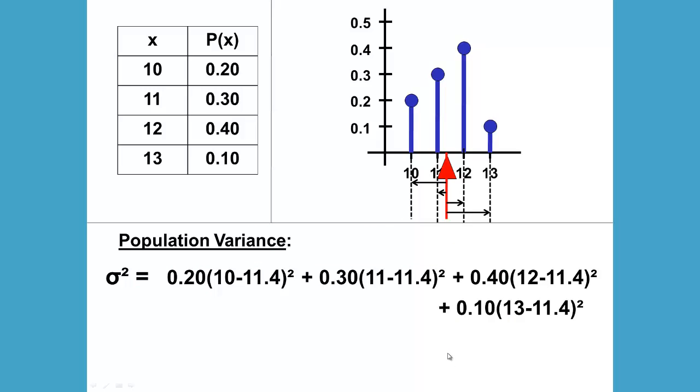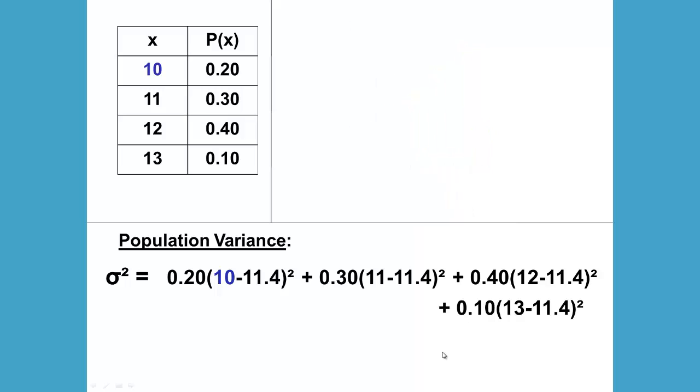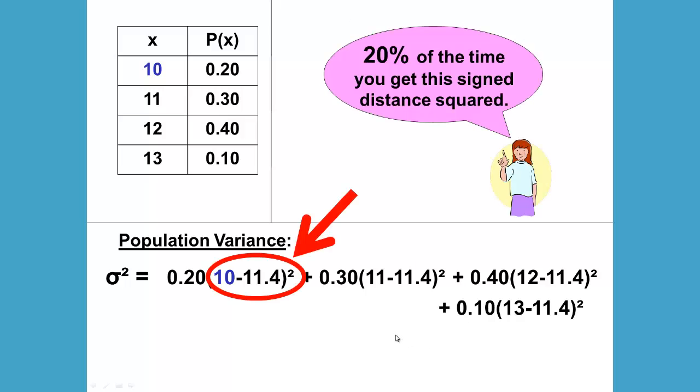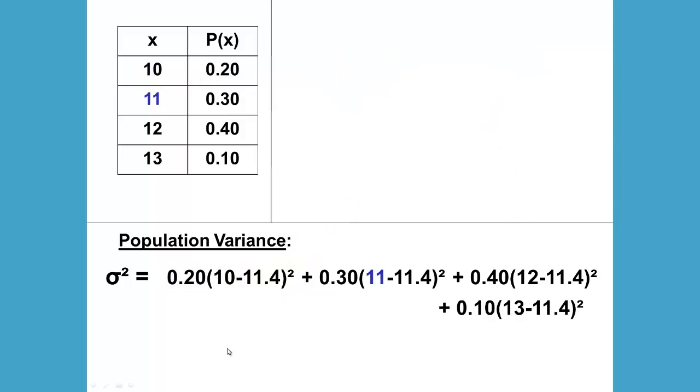So here are our calculations. 20% of the time we get this signed distance squared. 10 minus 11.4 is the signed difference squared, and we get that 20% of the time. Our next data value is 11.